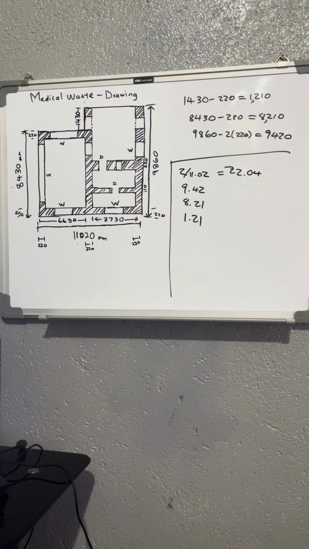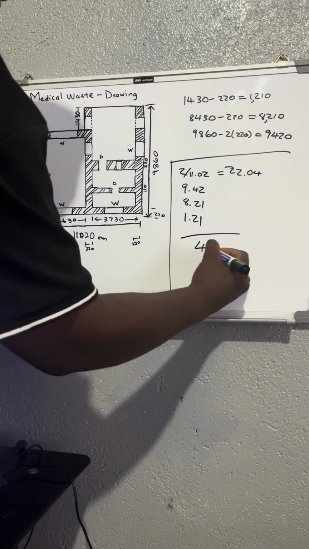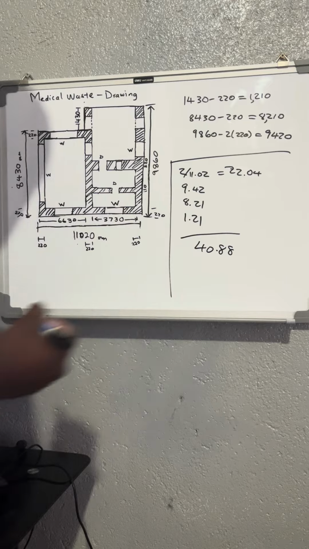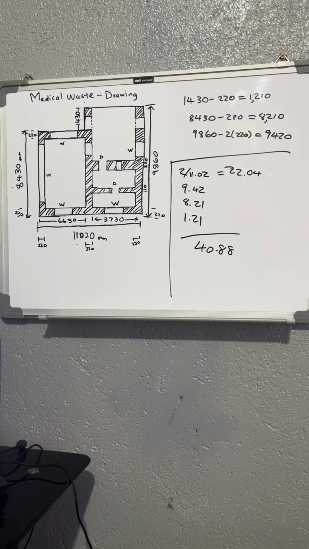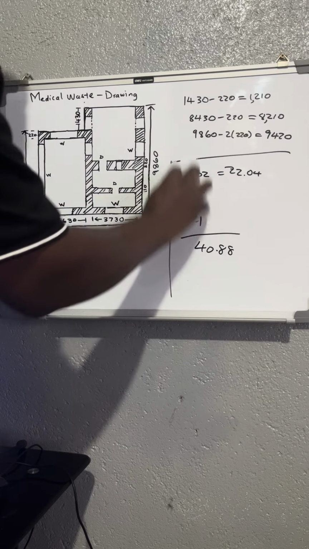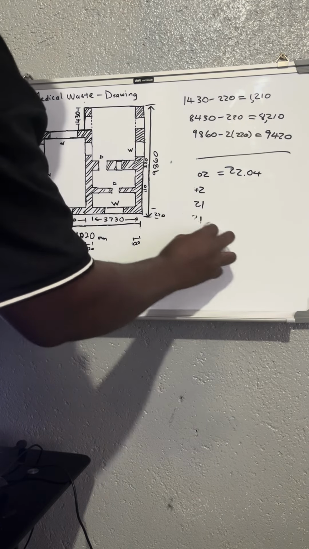Then you also confirm: 22.04 plus 9.42 plus 8.21 plus 1.21. Yeah, this will also give you your 40.88. See? So those are mainly the three ways that you can do your external walls calculation.